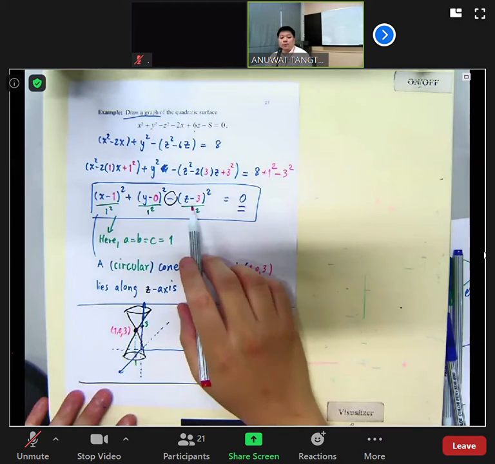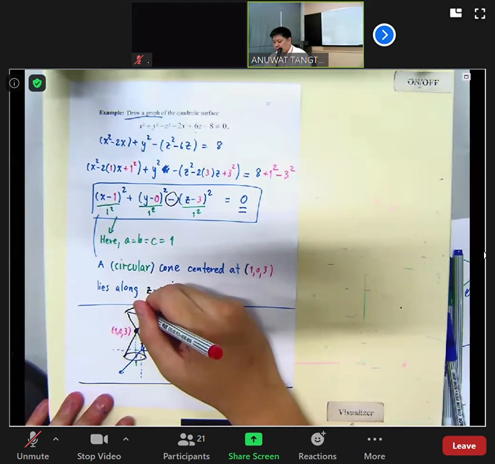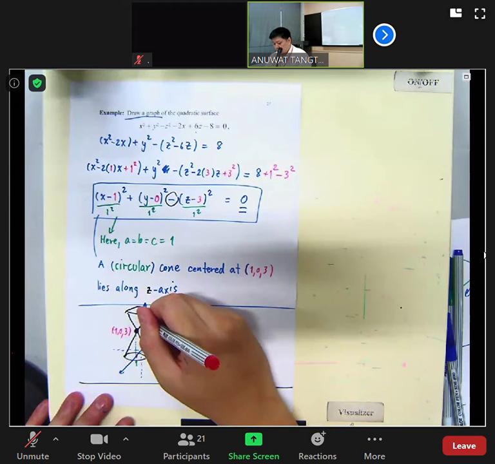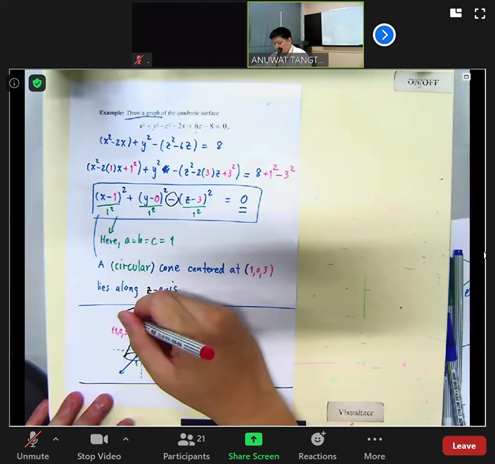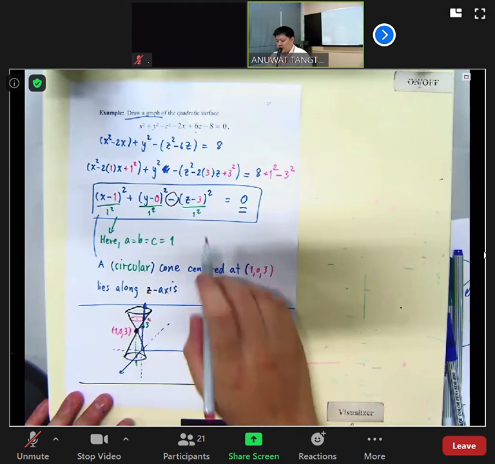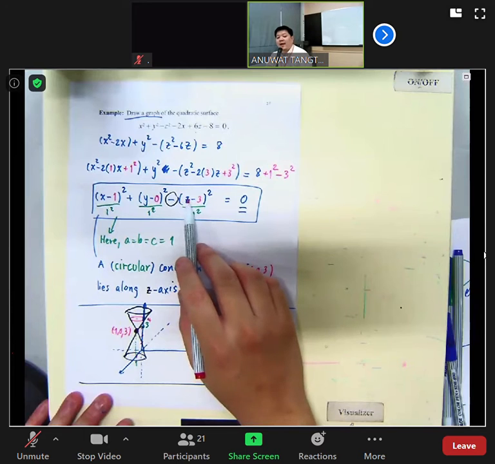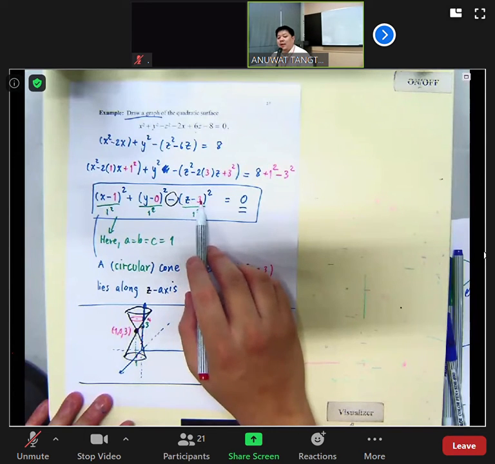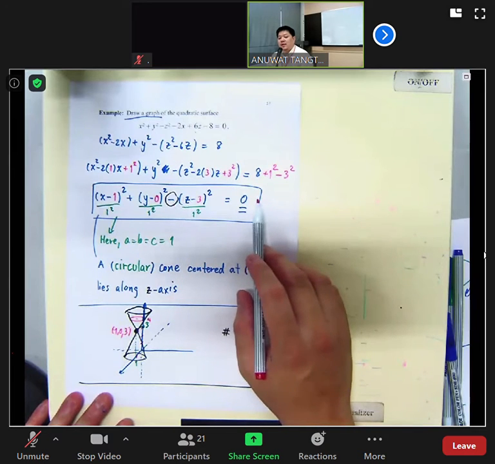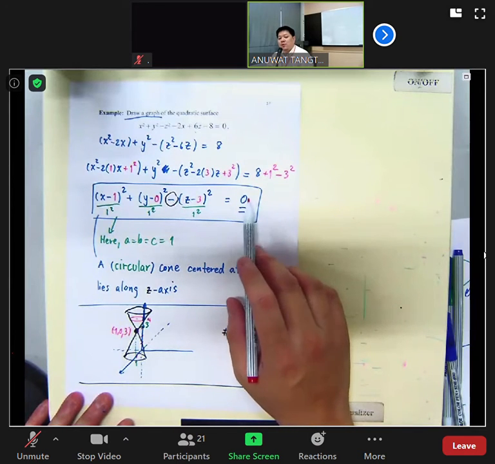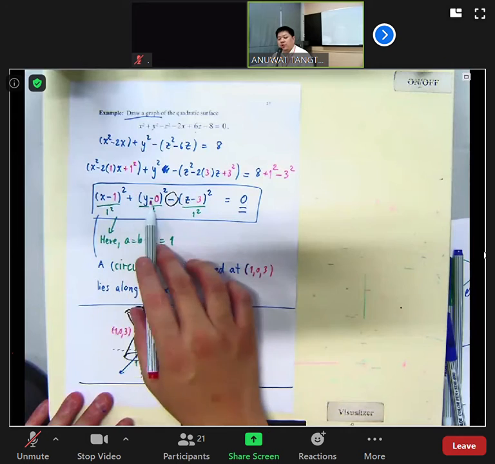You can see that when we consider z equal to 4, just put 4 on that. 4 minus 3 becomes 1 square. So minus 1 here can be moved to the right hand side, then the right hand side would be 1. So this would be an equation of the circle of radius 1.